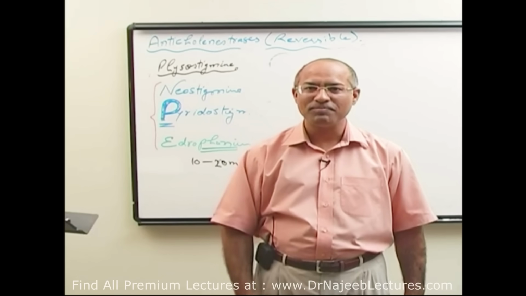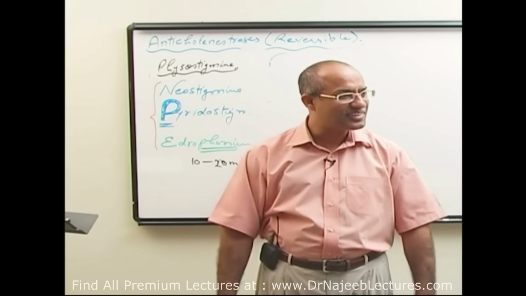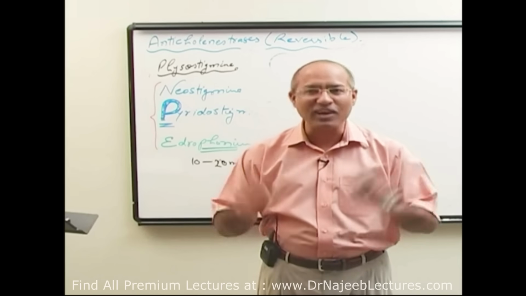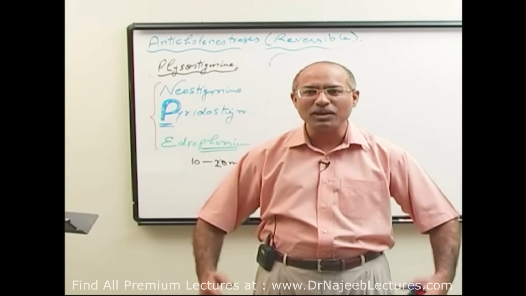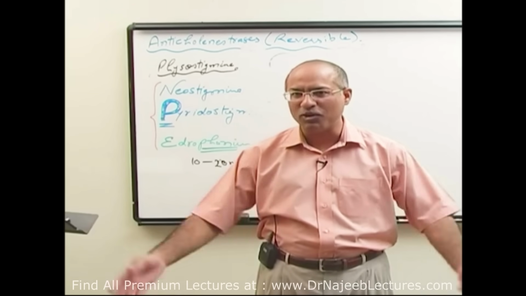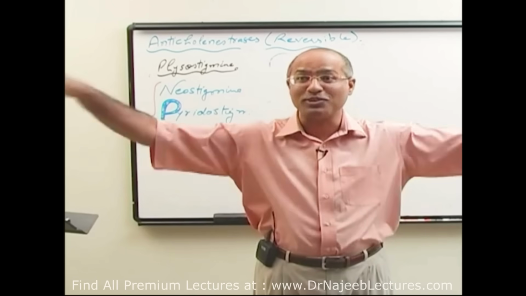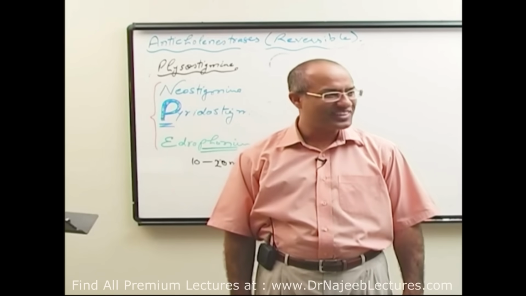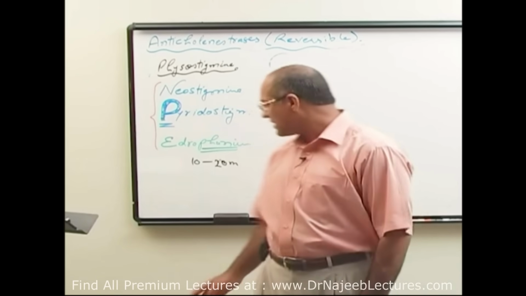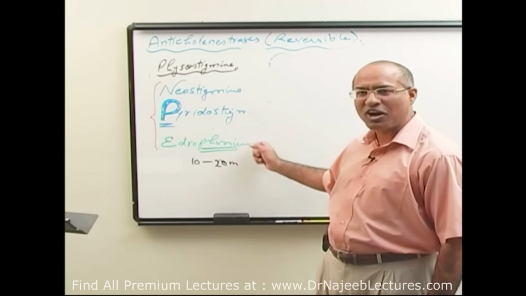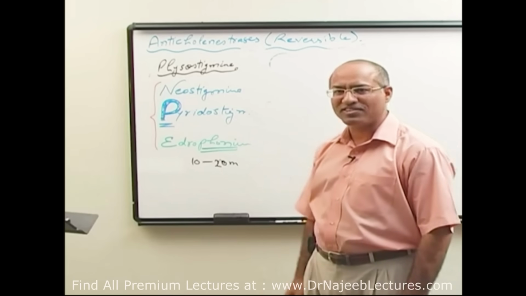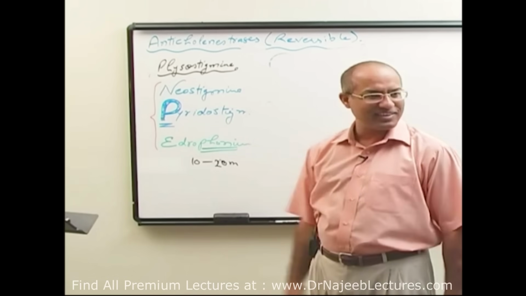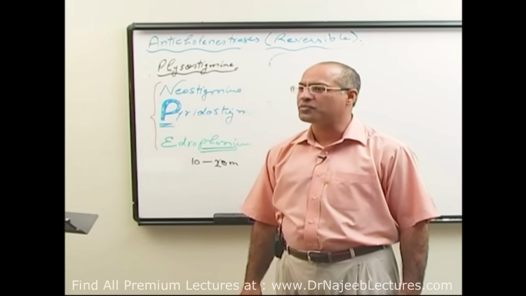What does it mean? Myasthenia gravis. But if the patient is not having myasthenia gravis and develops some cholinergic overflow, it will be only for 10 or 20 minutes, not for 6 hours. You understand it? So edrophonium is a superior drug for the diagnosis of myasthenia gravis as compared to others. This is one very important use of edrophonium.